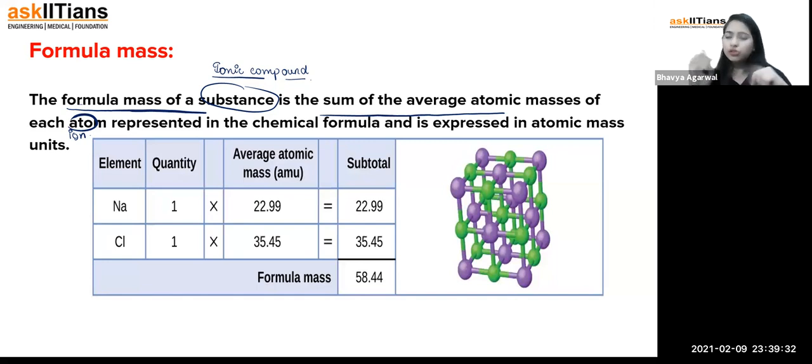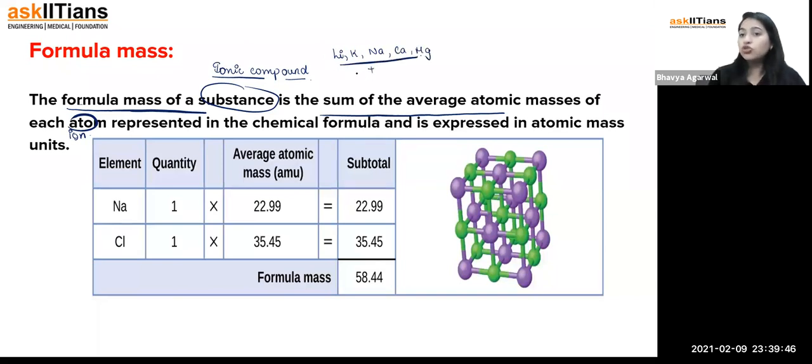What is a group 1 and group 2 metal? So basically, when you talk about your strong metals like lithium, potassium, sodium, calcium, magnesium, these metals, along with strong non-metals.